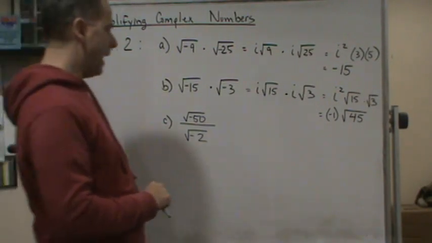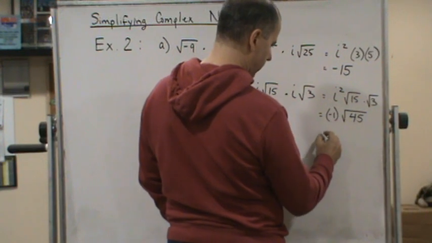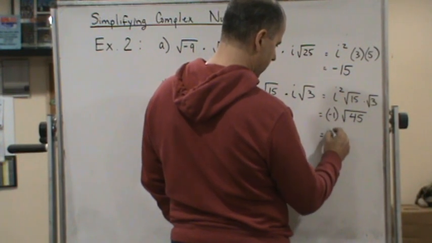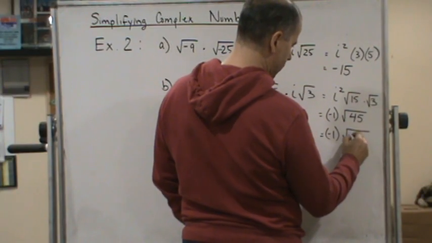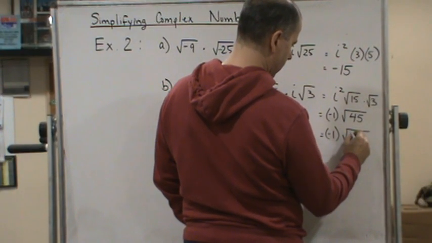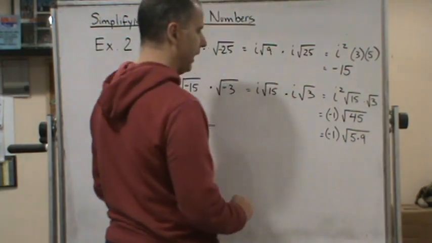Okay. Now I can simplify this a little further, because this is the same as what? 5 times 9.